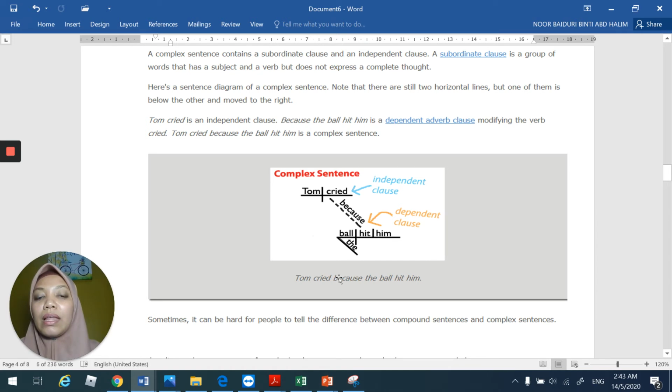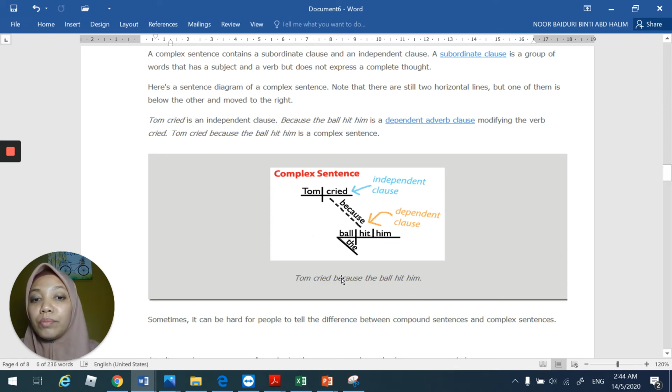Okay. And then we have the words "because the ball hit him". Let's say out of the blue, you say "because the ball hit him". Is that a complete sentence? Does it give a complete thought? No. Dia macam krik-krik lah. If you write a sentence "because the ball hit him", it's incomplete. Tak lengkap.